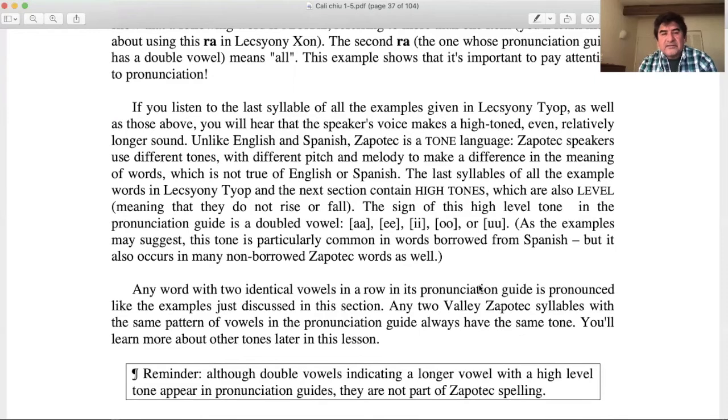As I said earlier, Zapotec is a tone language. So Zapotec speakers use different tones with different pitches and melodies to make a difference in the meaning of words, which I don't think is true in English or Spanish.